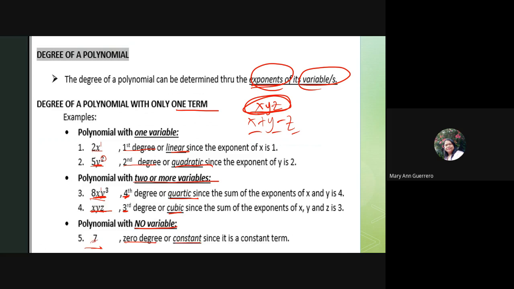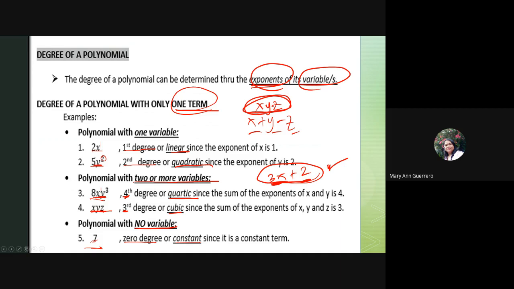Diba? Pagka meron tayong 3x plus 2, yan, 3x plus 2, ito ay first degree, ito ay 0 degree. Pero ano yung degree ng polynomial na to? 3x plus 2, which is a binomial. Okay? Pag one term, alam na natin. Paano kapag more than 2 terms? Tulad dito. So, ano degree ng polynomial na to?